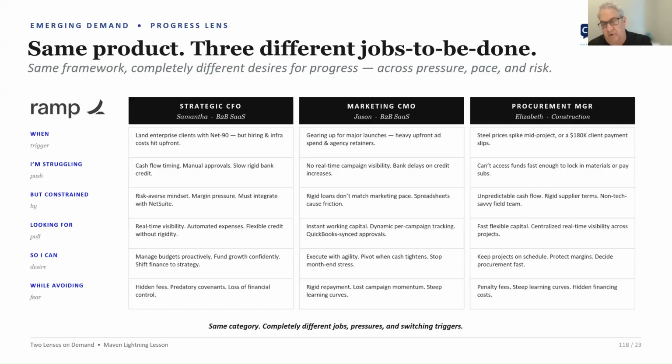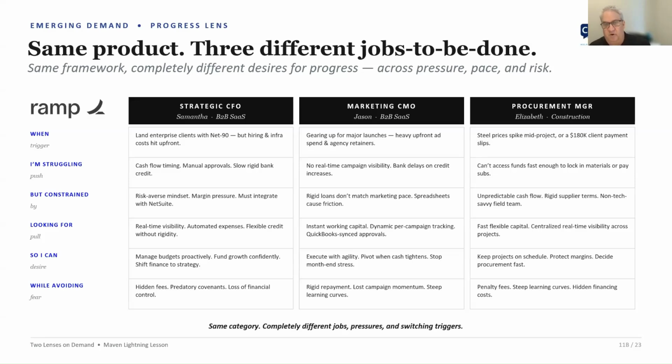And these are just examples of how those stories begin to play out, whether I'm talking to a CMO or a procurement manager. And so different combinations of firmographics, size of organization, stage of growth, type of industry they're in, and so forth.